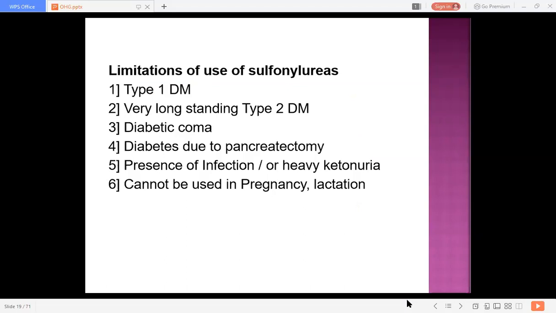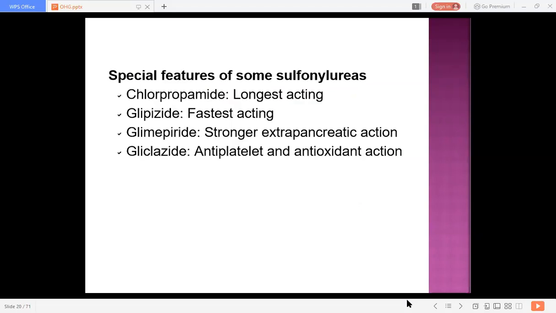They cannot be used in pregnancy and lactation. Special features of sulfonylureas: chlorpropamide is the longest acting, glipizide fastest acting, glimepiride has stronger extra-pancreatic action, gliclazide has antiplatelet and antioxidant action.